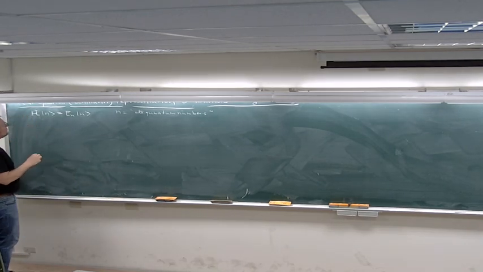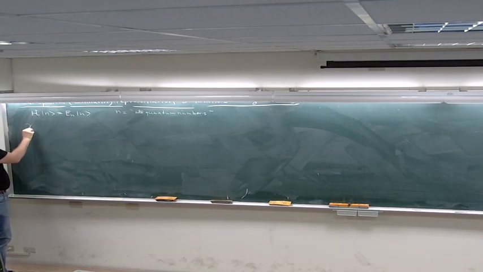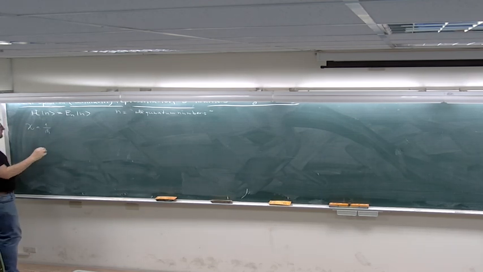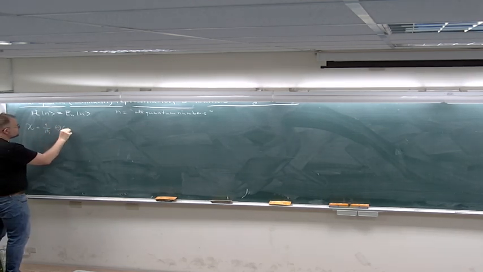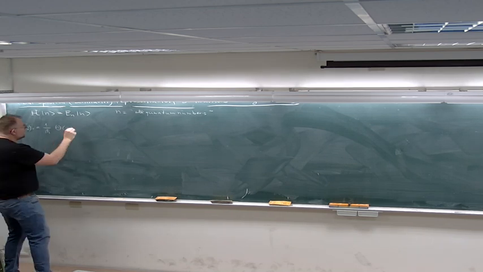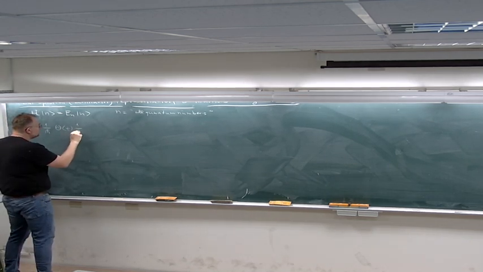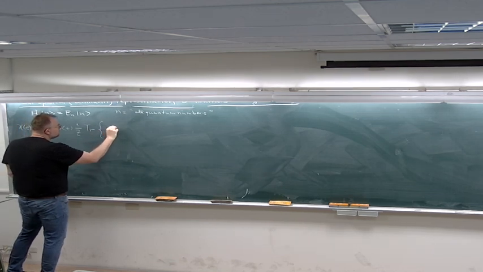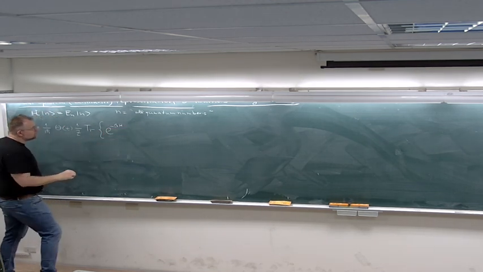So this is our formula for the response function. I will write it like 1 over iħ, and then we have the theta function, so it's just dependent on the time difference. I'm writing it as a function of time. All these r and r0 I am not writing here. And there was this 1 over Z, and a trace, and then e to the minus beta H. And I'm at time 0, right?